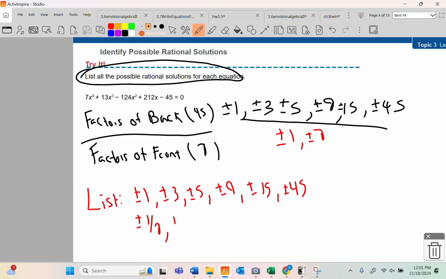You don't be pushing buttons in the calculator. 1 over 7 is 1 7th. 3 over 7 is 3 7ths. There's your full list of potential rational answers.